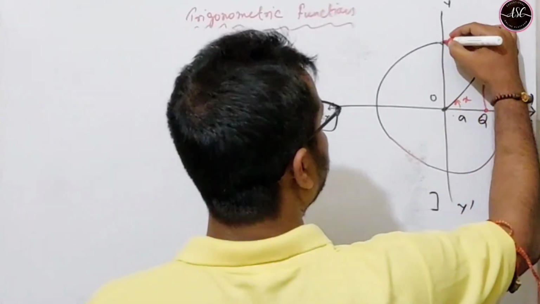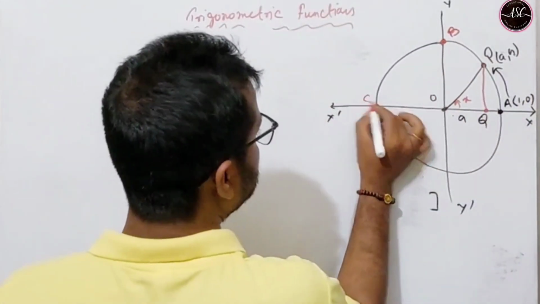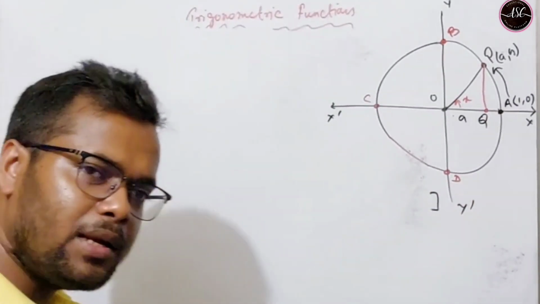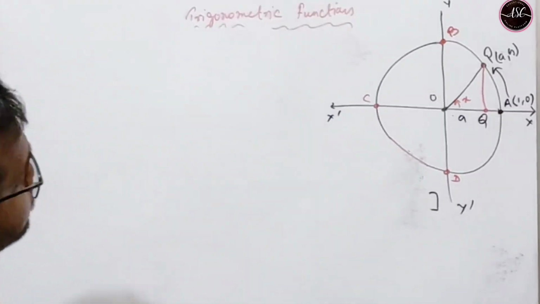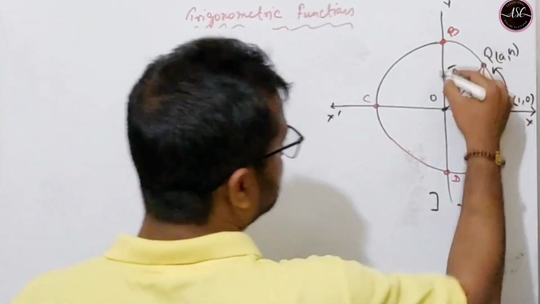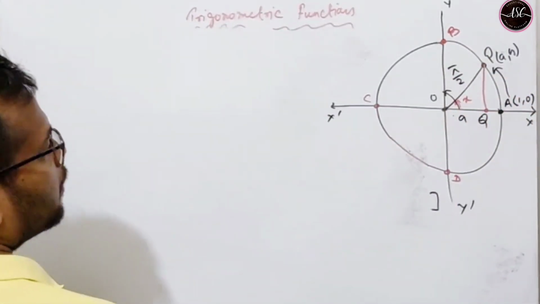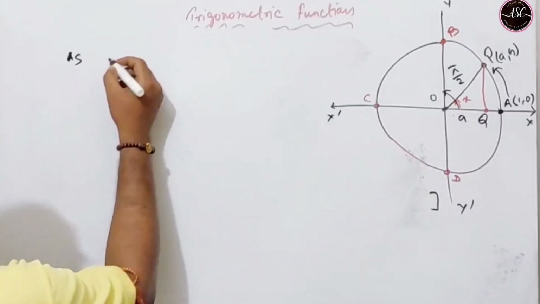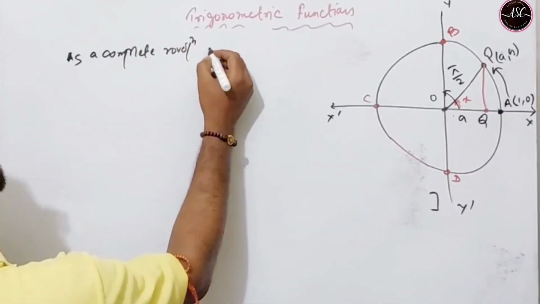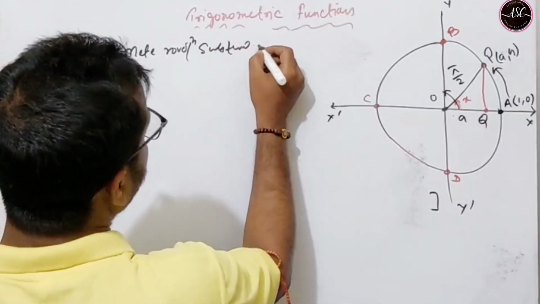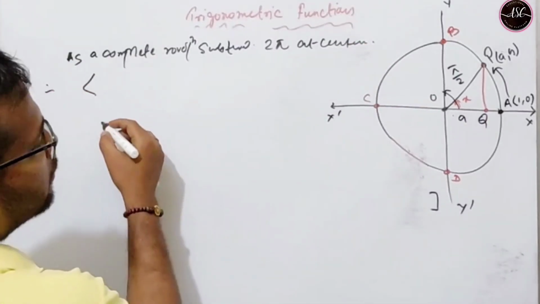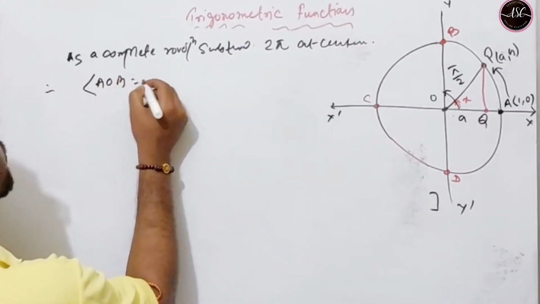Let this point be B, this point be C, and this point be D. As a complete revolution subtends an angle 2 pi at center, this angle will be pi by 2 as this is perpendicular. Therefore angle AOB equal to pi by 2.